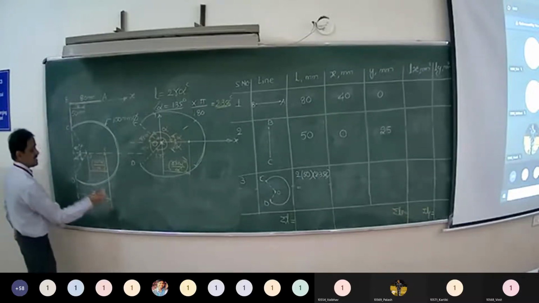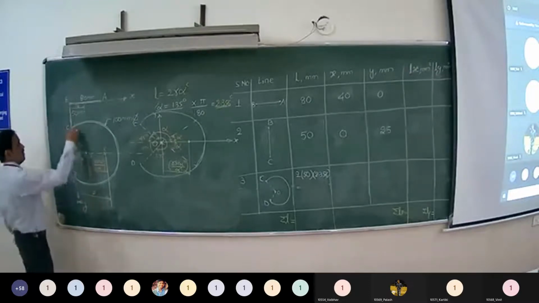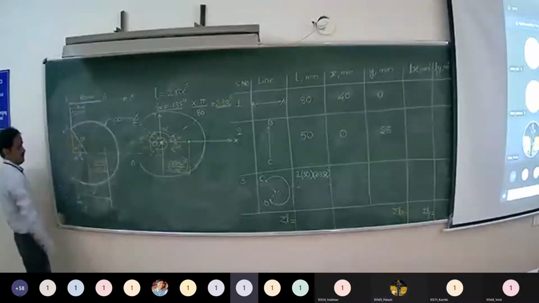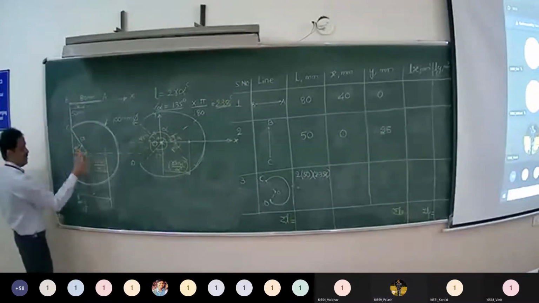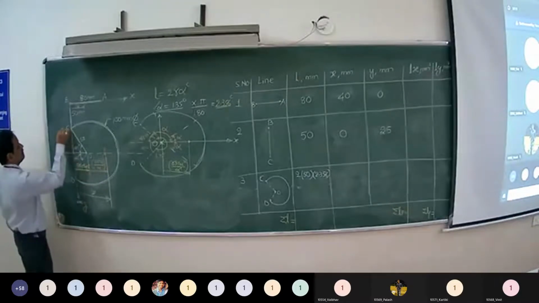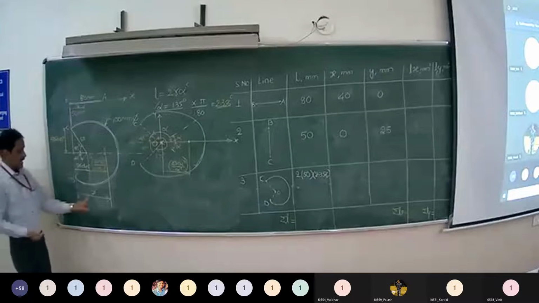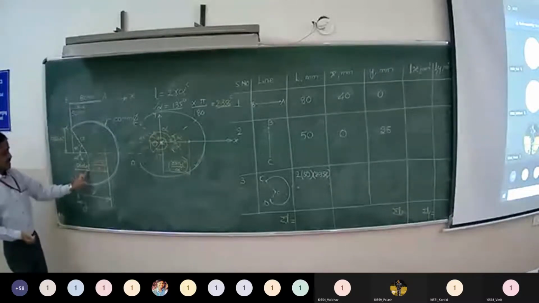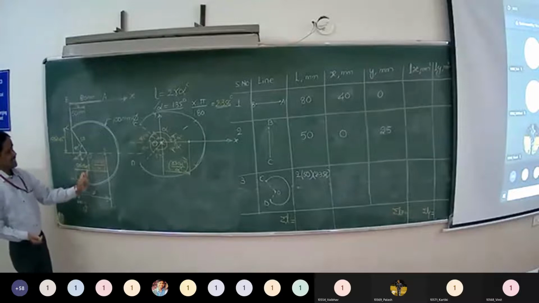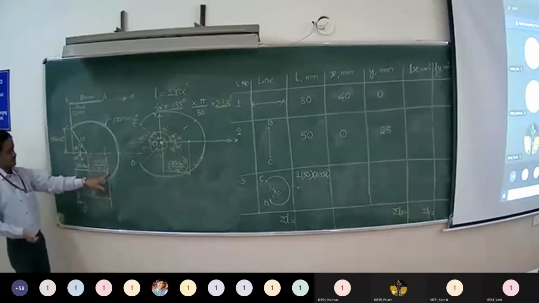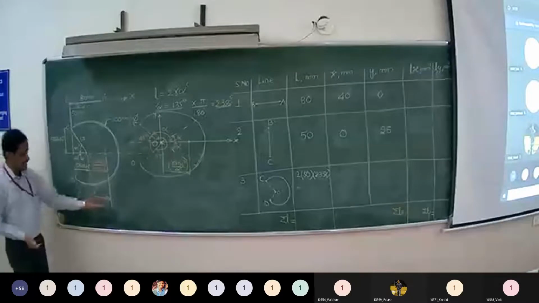So this total distance is x. Now see this right angle triangle. We will add r cos 45, 50. So the adjacent side is 50 cos 45, right? And the opposite side is 50 sin 45. Now x is equal to, see here, 50 cos 45 plus r sin alpha upon alpha, right? This total distance.